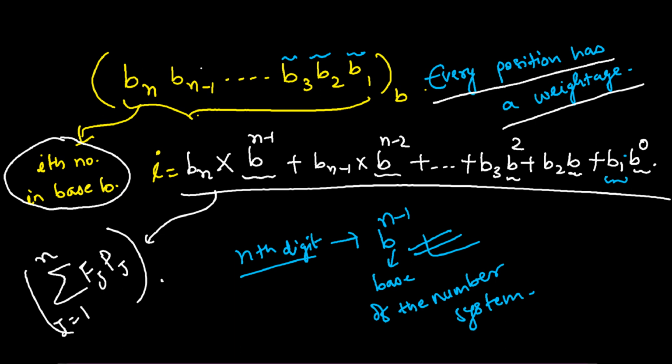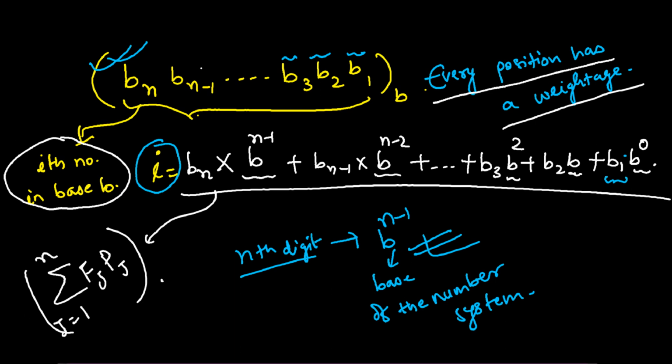And what is the 100th number in the decimal number system? I itself. This I that you got is nothing but the decimal equivalent of this number. So if this is the number in base B, its decimal equivalent is I.